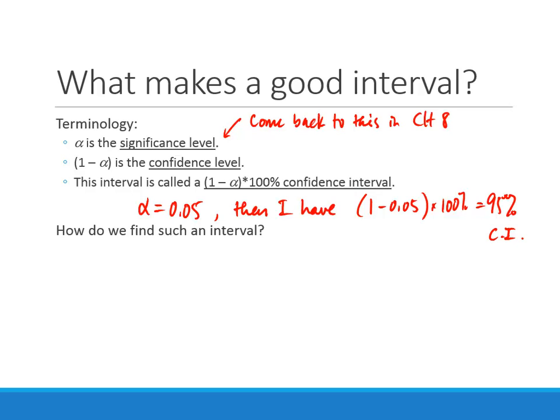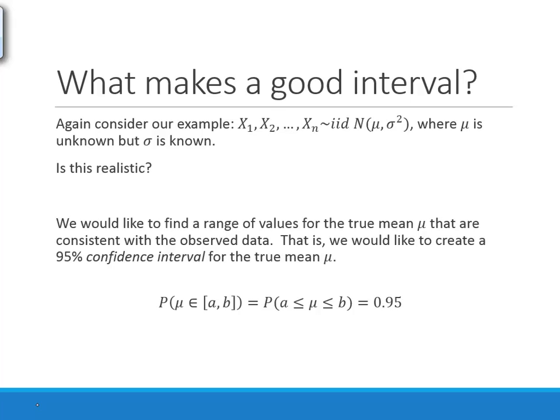How do I go about finding such an interval? Going back to our example, I have a random sample from a normal population where mu is unknown, but sigma is known. We're going to start there.